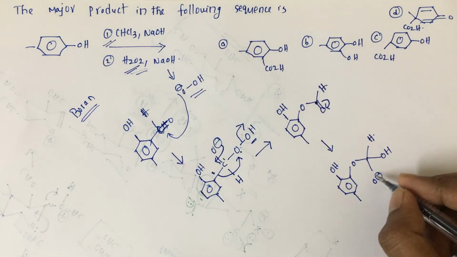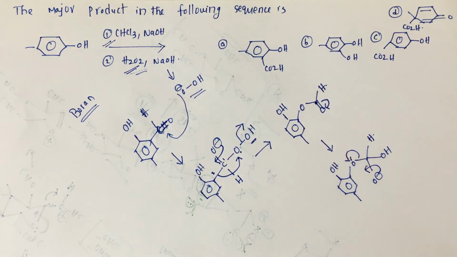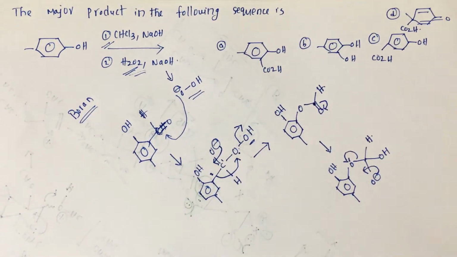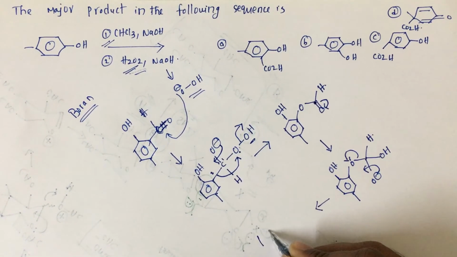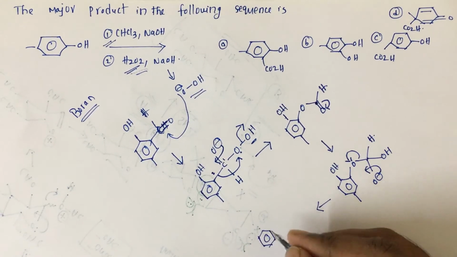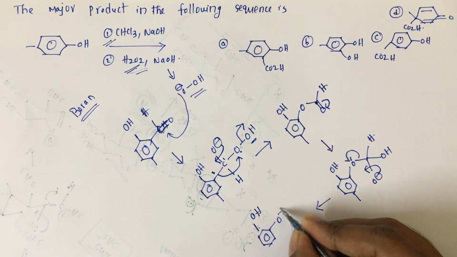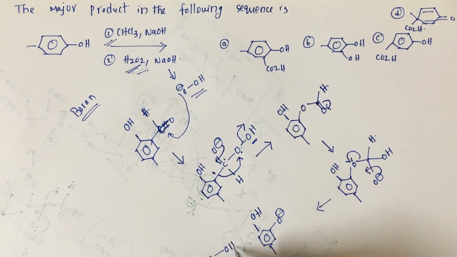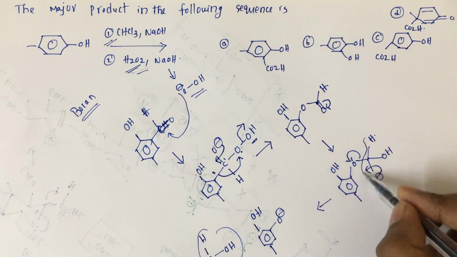So now we eliminate this one as a carboxylic acid. Sorry, now this will become OH, and this will be O minus, and this will be the methyl group, and here we have a C double bond O, OH, and H. This is the one which is coming from here.